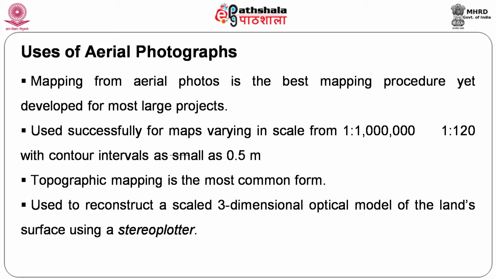So, even 1:100 they try to use, and the most important application using aerial photography is your contour interval. So, to generate a contour, that is what I told you: if I am getting a depth perception, I will also be in a position to get the contour. Contours are nothing but lines joining equal elevation.